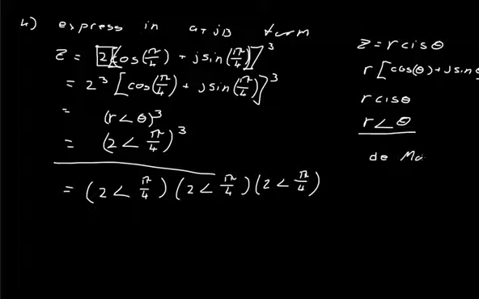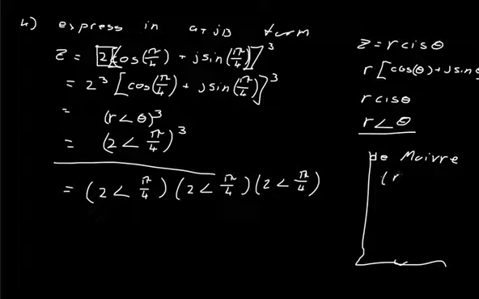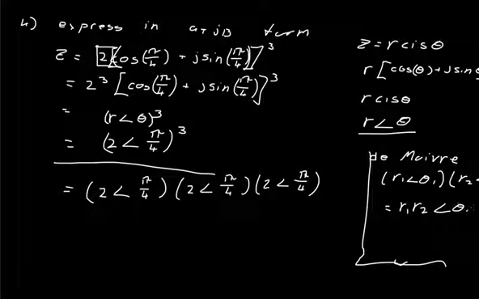De Moivre says that R1 angle theta 1 multiplied by R2 angle theta 2 is equal to R1 R2 angle theta 1 plus theta 2. Okay, so let's do that. So we multiply these two out, and then we're going to multiply the result of that with that one.